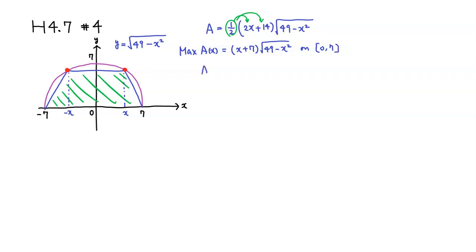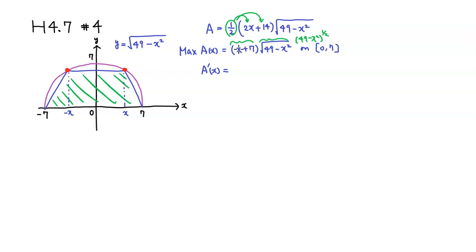So A prime of x is equal to, we're going to use the product rule. This is the first guy, and this is the second guy, and we're going to write it as 49 minus x squared raised to the 1/2 power.